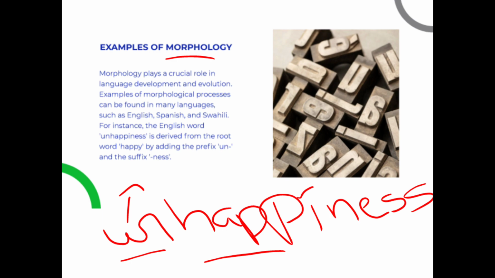Then ness is also a bound morpheme, and in more depth, it is a suffix. Un is a prefix and ness is a suffix. And happy is a free morpheme as well as a root word.